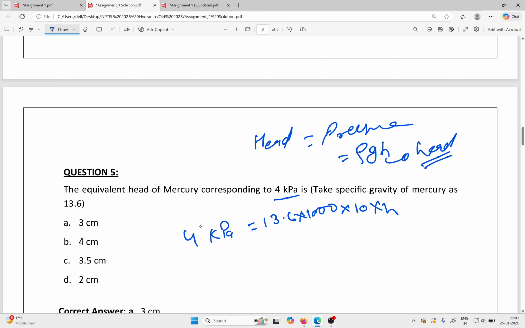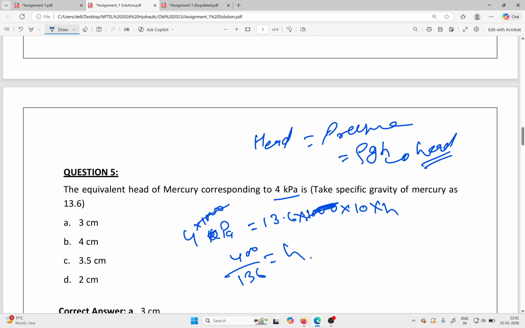So kilopascal, I'll just convert into pascal. So this thousand will cancel out. So 4 divided by 136 H. Again, the answer in centimeters, so again I'll write here the 100.